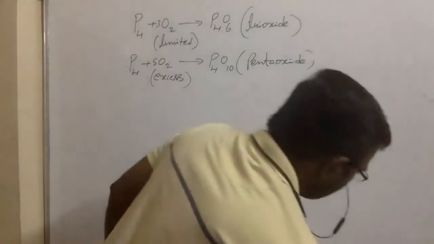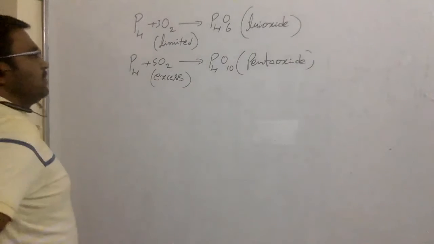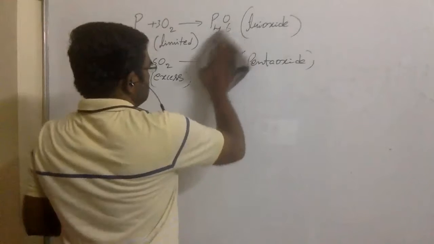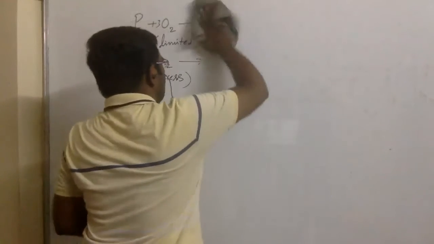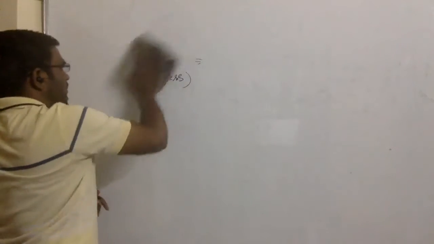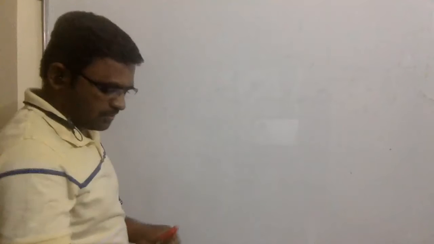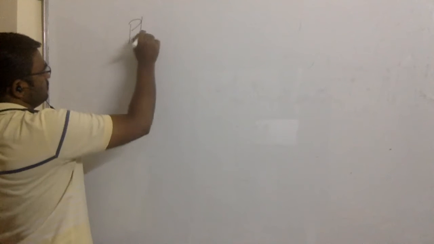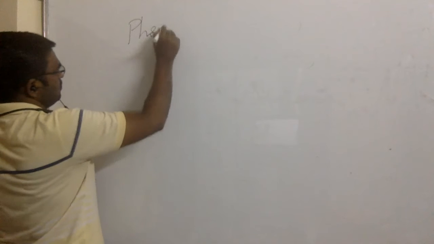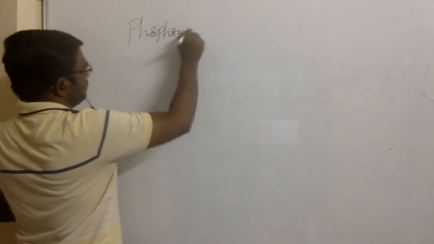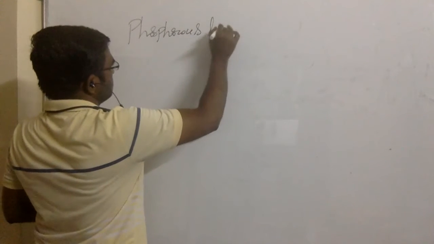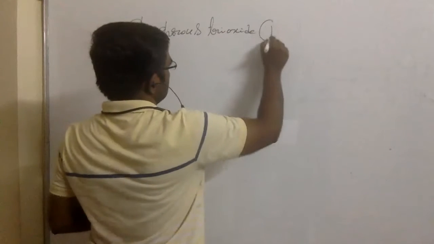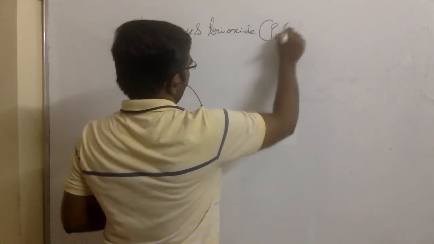Now we'll discuss the structure, what type of bonds are present in them, and what type of hybridization exists between them. We'll discuss one by one. First, phosphorus trioxide, the formula of which is P4O6.